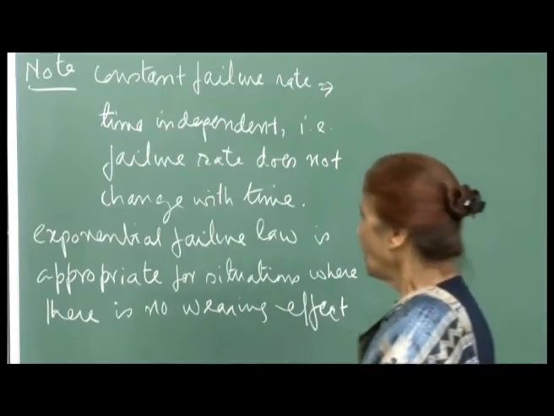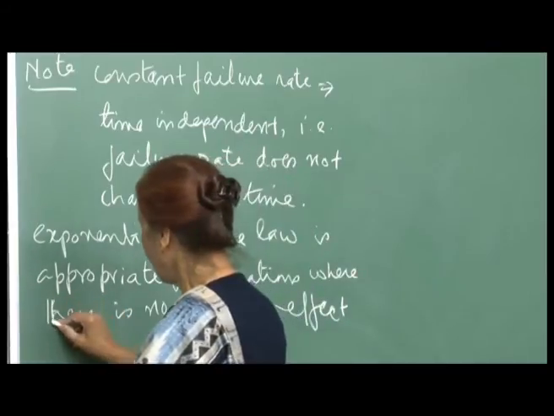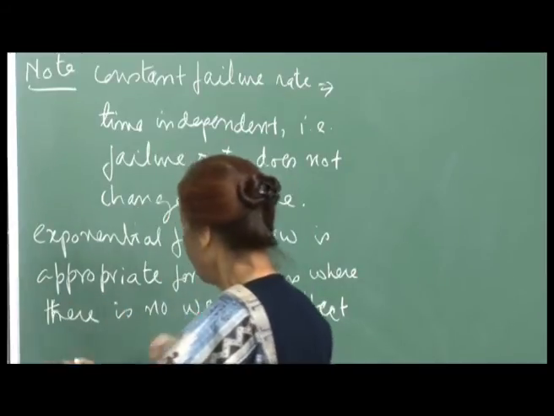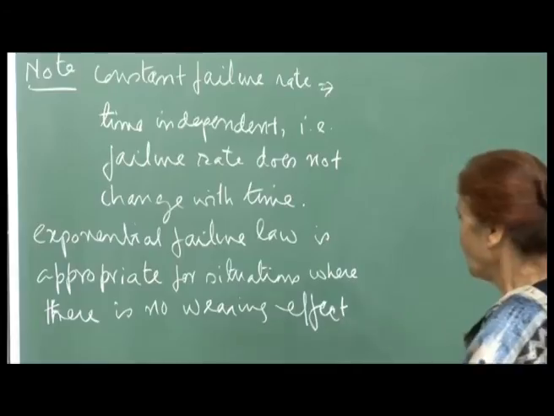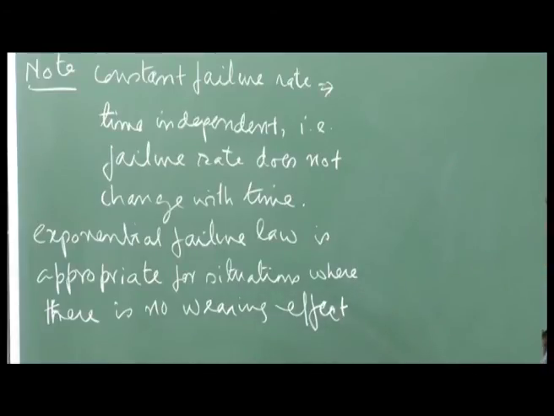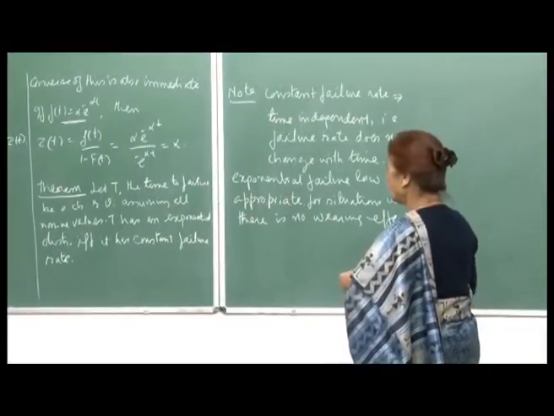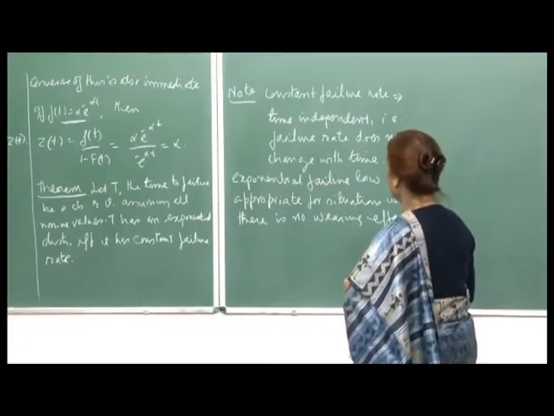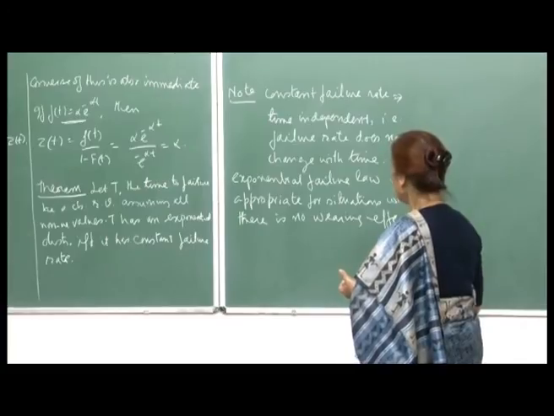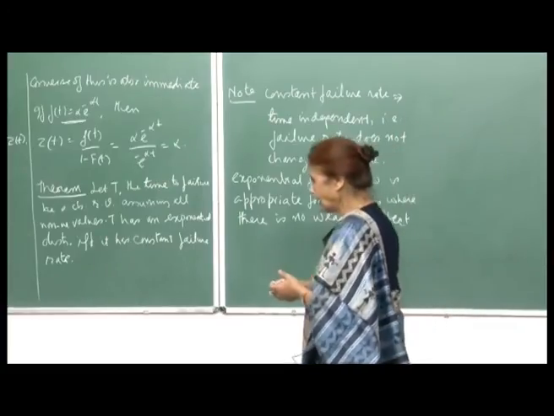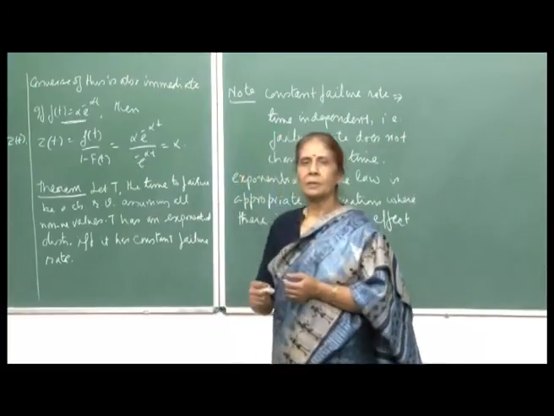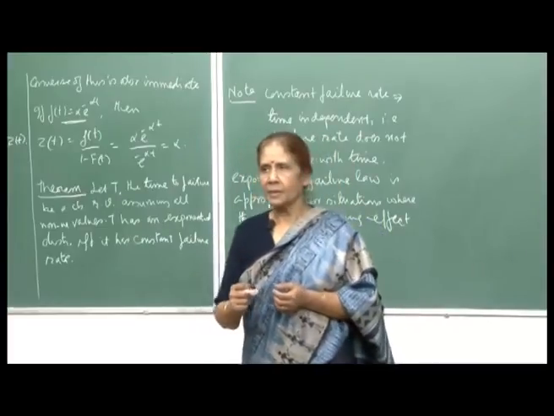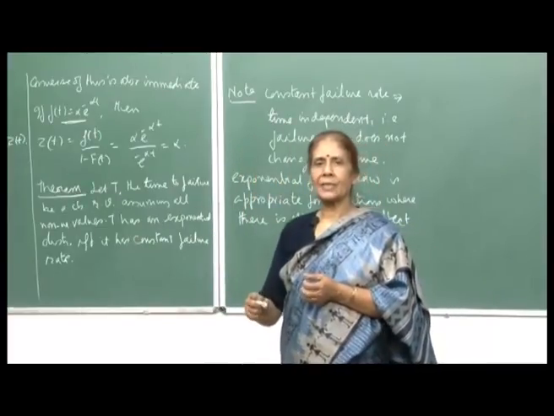Maybe in the next lecture, I will try to show you some more ways of describing the situations where these different failure laws can be appropriate. Essentially, try to think of situations where the failure is not because of a varying effect, that means not because of some kind of stress or load.